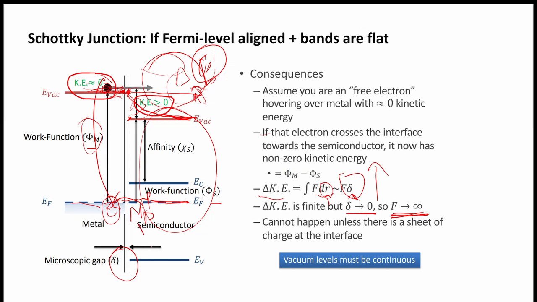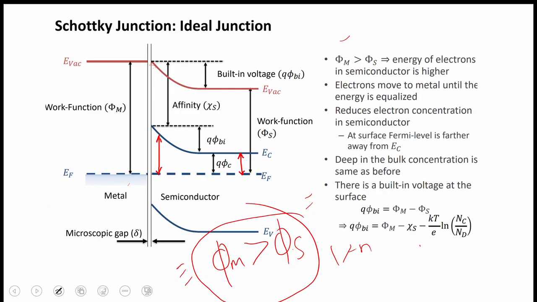So there is a deficiency of electrons. This is the depletion region, as there are no mobile charge carriers in this region, so this region will deplete, and electrons will transfer from the semiconductor to the metal. That's why there is a band bending.